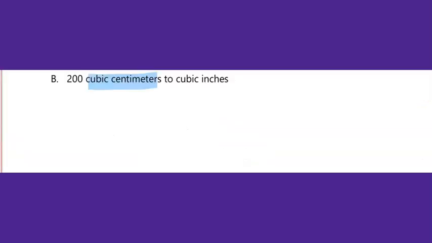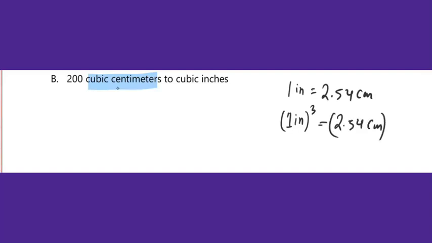In this question, you have to convert cubic centimeter to cubic inches. These are the volume units. And notice that 1 inch equals 2.54 centimeter as a length. So if you cube both sides, 1 inch cube equals 2.54 centimeter to the power cube.